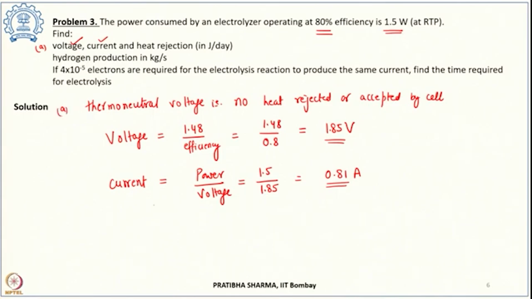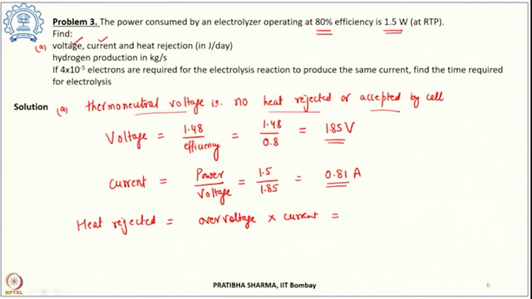Now it is required to find the heat rejection. So the heat rejected by the electrolytic cell is overvoltage times the current. Since for thermoneutral voltage there is no heat rejected or accepted, anything above that will have heat being formed in the process, and that will be rejected.